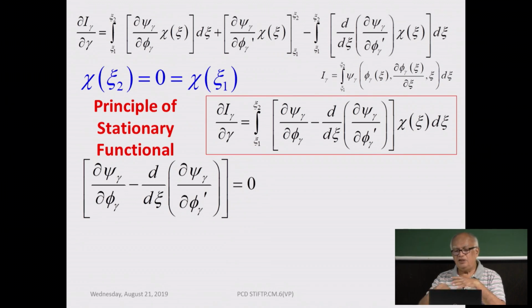The necessary and sufficient condition that this integral is stationary, it is an extremum, is that the other factor in the integrand, which multiplies chi, must be necessarily 0.